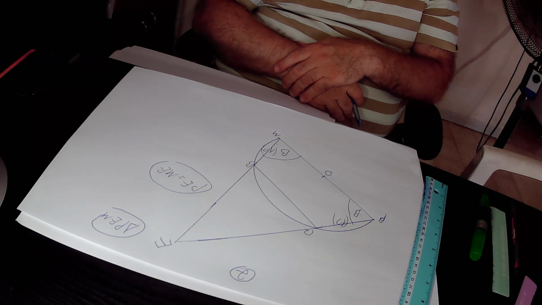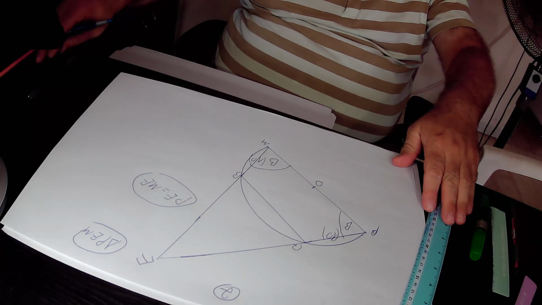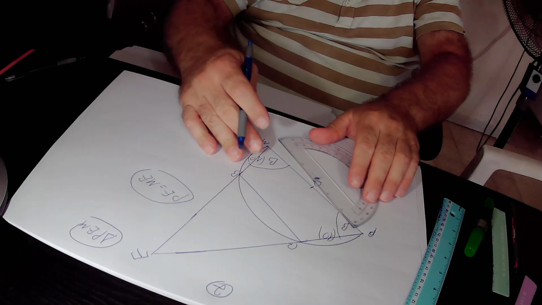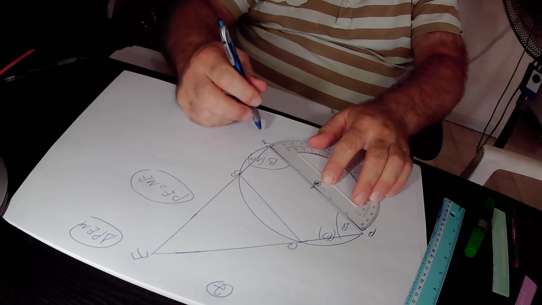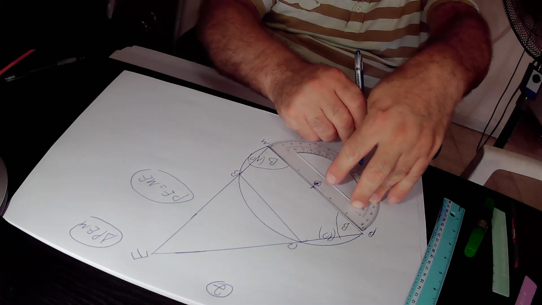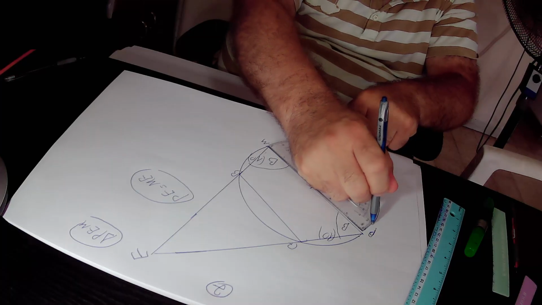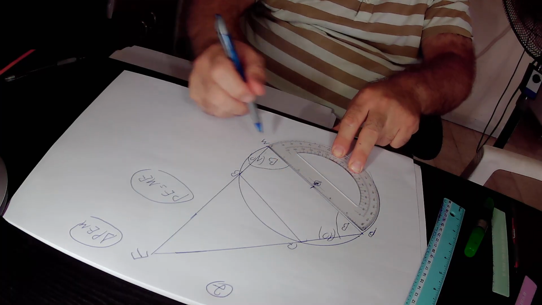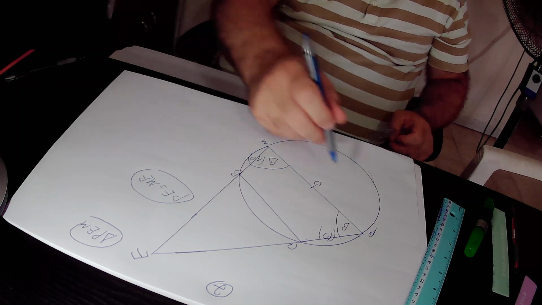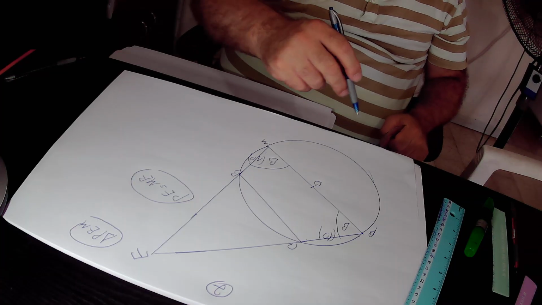So in the next step, we will complete this semicircle to a circle. So we completed the semicircle to a circle.